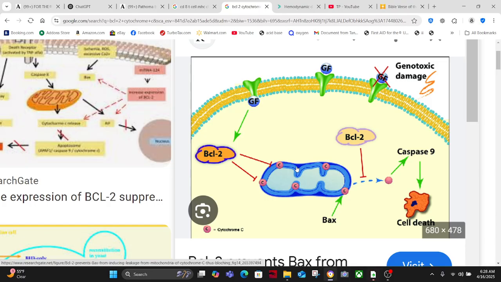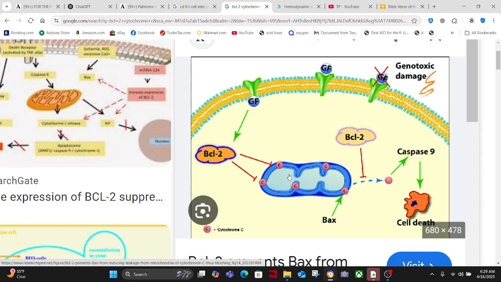Okay, so what they're saying is this entire thing, the yellow part, is the cytoplasm of the cell. This blue thing is the mitochondria. Inside the mitochondria there's the cytochrome C, and on the outer side is the BCL2.